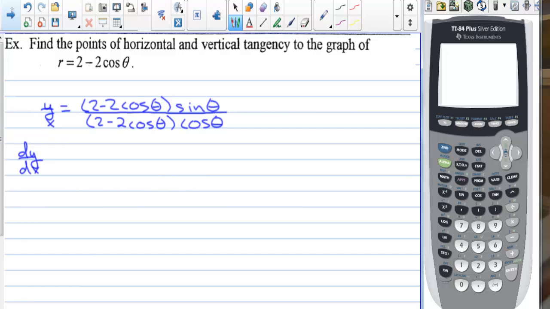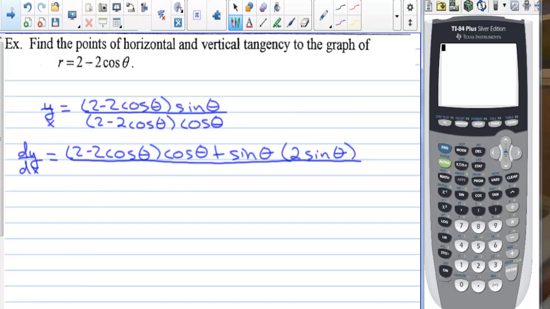So we have dy over dx is equal to first times the derivative of the second plus the second times the derivative of the first, which is going to be 2 sine theta, and then all over first times the derivative of the second plus the second times the derivative of the first, which will be 2 sine theta.